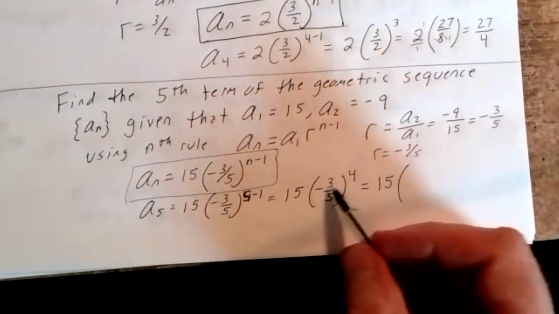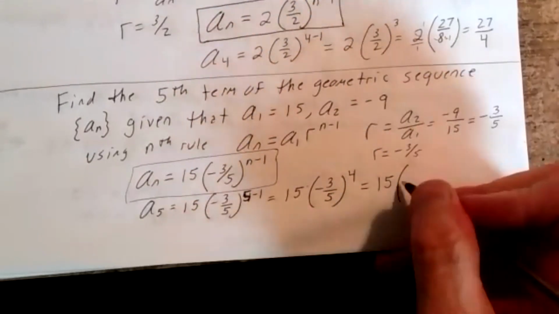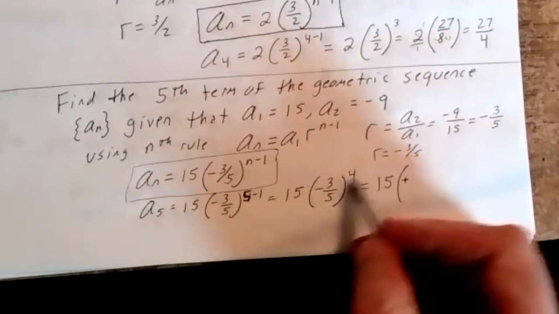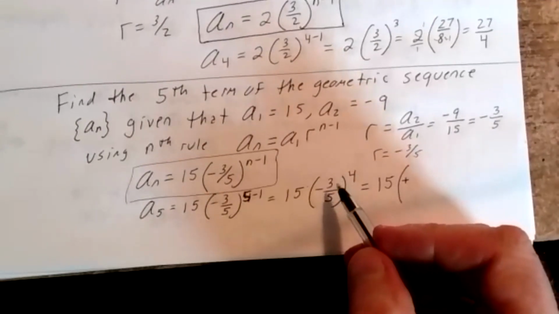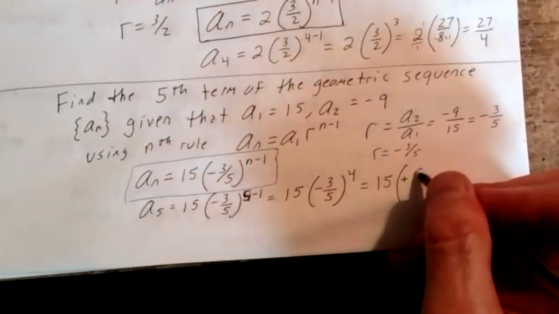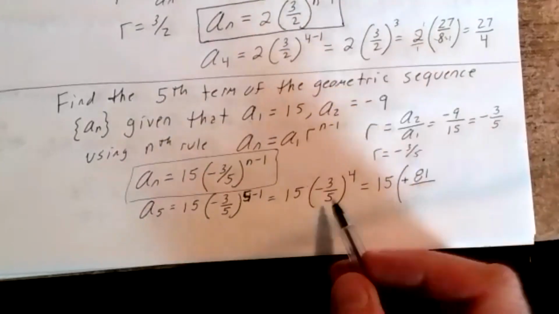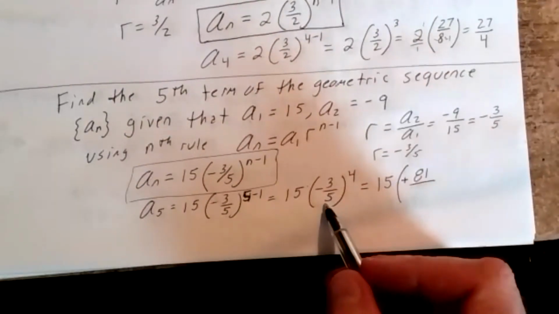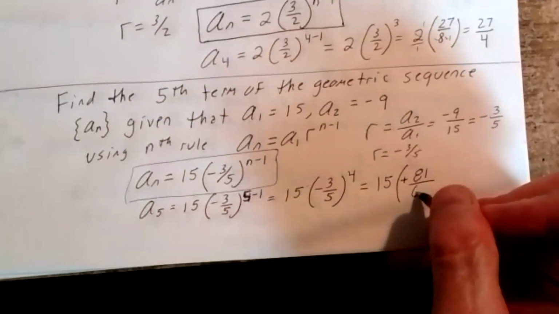Well, when you raise a negative to an even power, it's going to be positive, guaranteed. 3 to the 4th power is 3 times 3 times 3 times 3, which is what, 81? 5 to the 4th power is 5 times 5, which is 25, times 5 is 125, times 5 is 625.